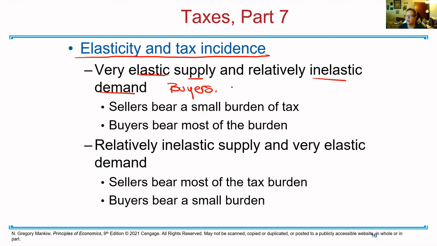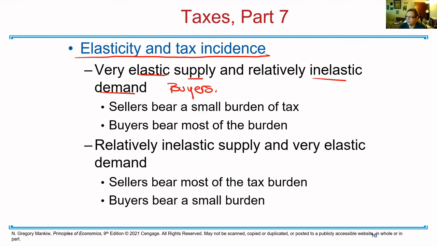This might be things like what? Things with few substitutes, right? Things that are a necessity. Might be a short time horizon. All those things that we talked about. It might be a broad product category as opposed to a narrow one. So if you're confused about elasticity, we want to go back and pick up chapter 5.